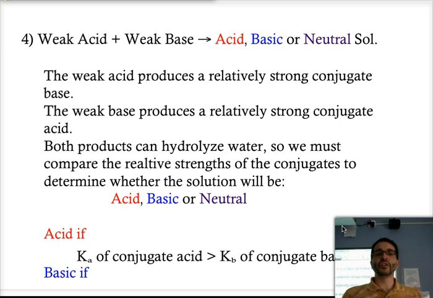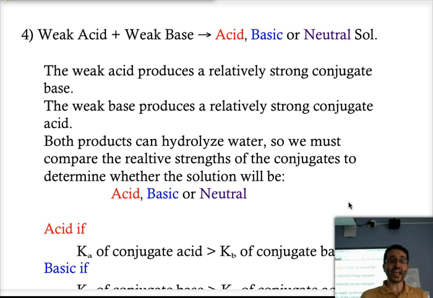Actually, the reality is you have to compare the strengths of the acid and the base to see whether it's going to be an acidic, basic, or neutral solution. If both the weak acid and the weak base have very similar values of Ka and Kb, the solution is going to be neutral because they're going to cancel each other out.